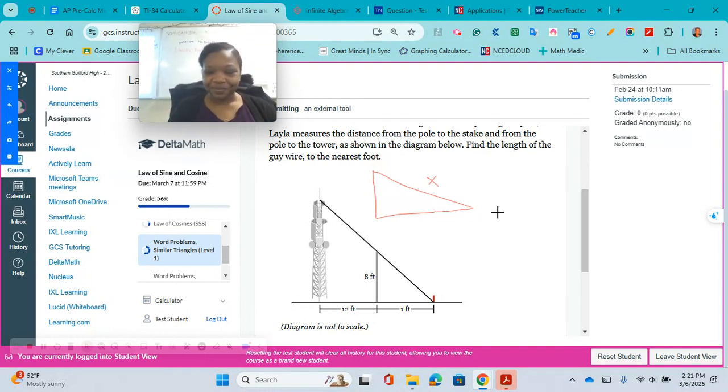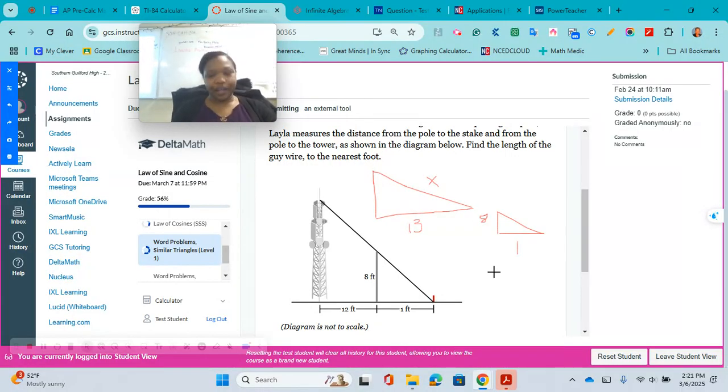We forgot a step. We forgot the last step. So it would be 1 and then 8. This is still 13, and this is still 8 right here. But we need to find the x. Okay.